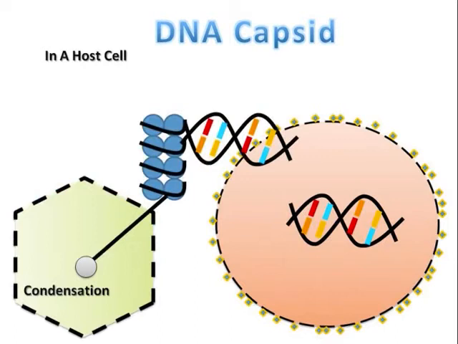In the assembly of DNA icosahedral capsid virions, the first step will be the condensation of genomic DNA with histones to produce nucleosomes. This results in a compact particle around which the capsid is built, and histone is lost during the formation of the capsid.